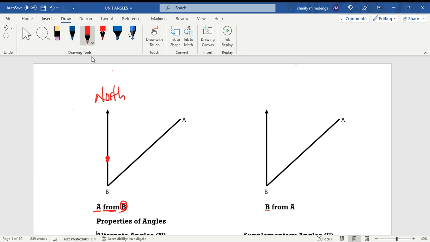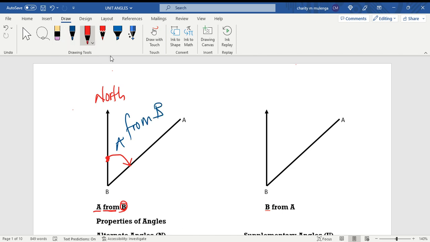In this case, B is my starting point and I'm at its north. Then you're going to move clockwise like this, so you end on this line. Why? Because it's taking us to the destination A. So this is what it means when we say A from B.